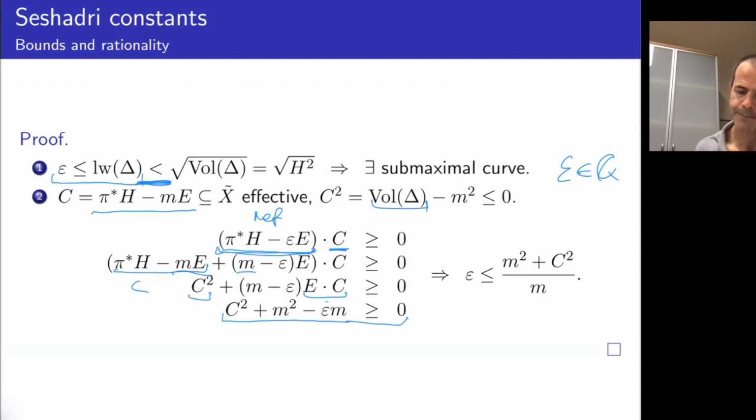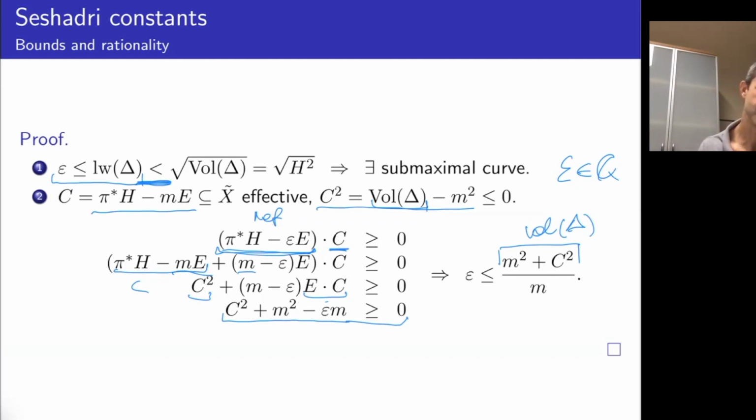In terms of epsilon, we deduce that epsilon is smaller than or equal to this quotient. And we know that M squared plus C squared is the volume of delta, by this. This gives the inequality. Okay, this is the first result.